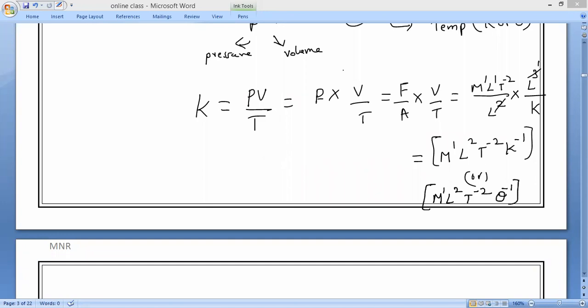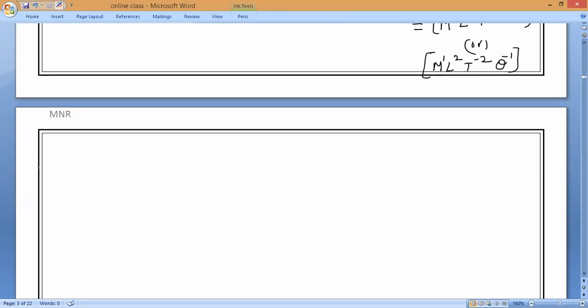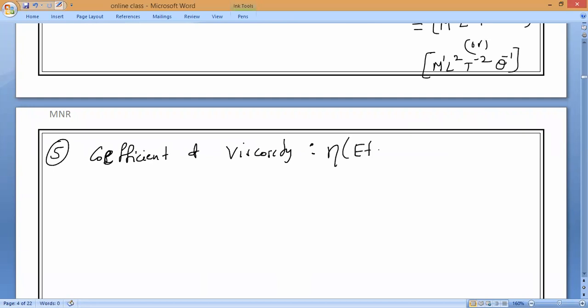Next, the coefficient of viscosity. It is represented with eta, but in class 10th we use eta for refractive index. So F = eta into A into dV divided by dz.